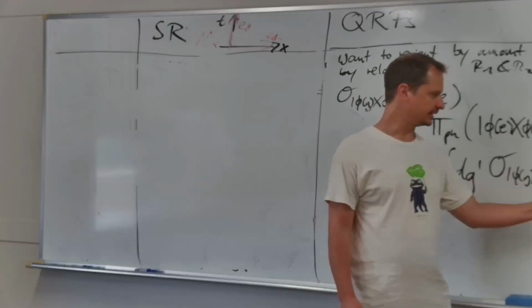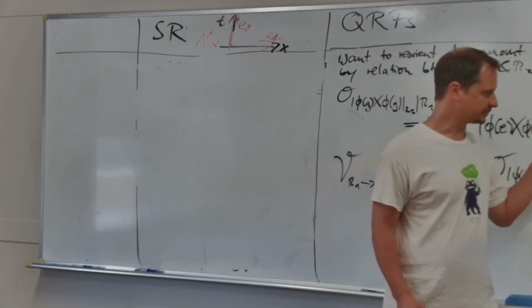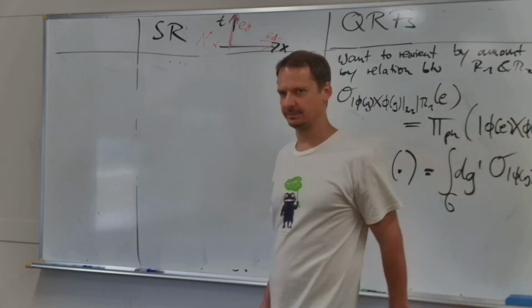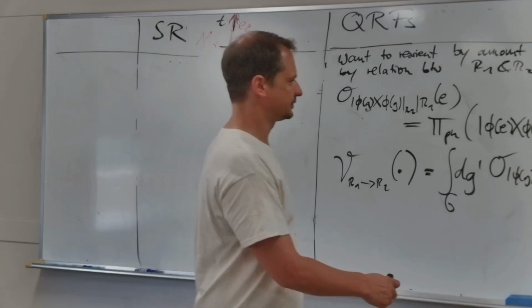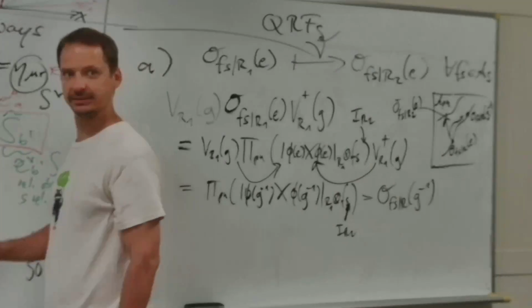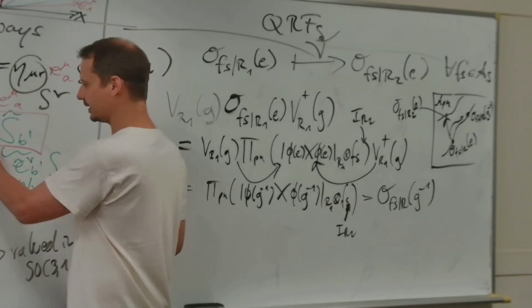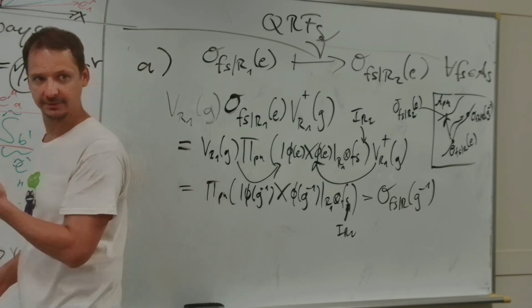And conditional on this, there's the G prime in here. I'm reorienting the first frame. Okay? So you can think of this as the analog of this object here. You're reorienting one frame by an amount that's given by the relational observable describing one relative to the other.